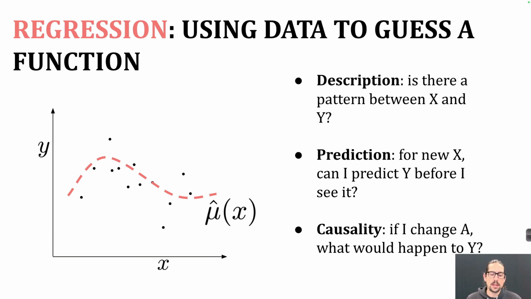But the general idea is that we need to be able to fit these regression functions for many reasons: either descriptive, to just see if there's a pattern in our data; for prediction, to be able to say for a new value of the predictor, what's the outcome before I actually get to observe the outcome; or in cases where I don't have a label, like if I want to know if this image is a cat or a dog, right? That's actually a kind of prediction. And for causality as well, to try to understand if I were to change some variable A, what would happen to Y.